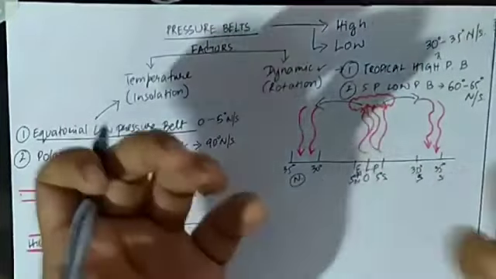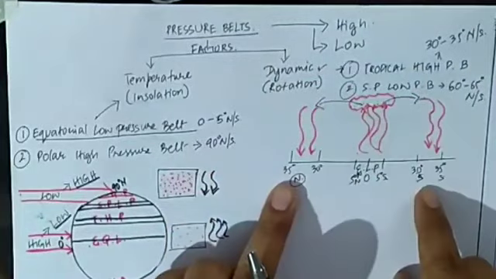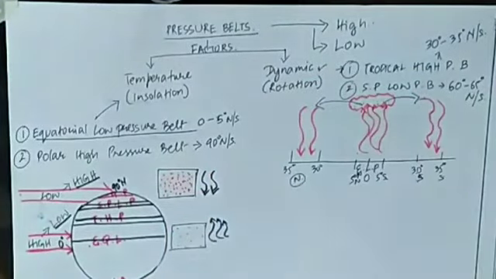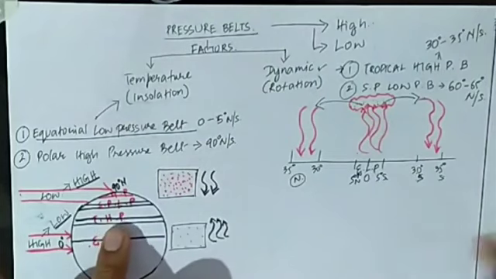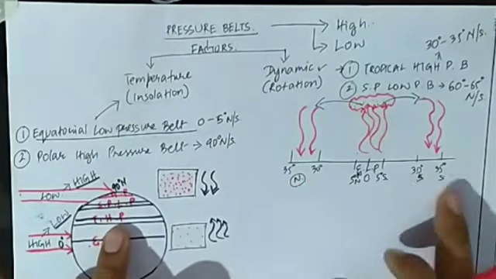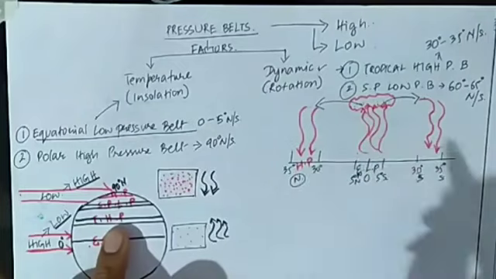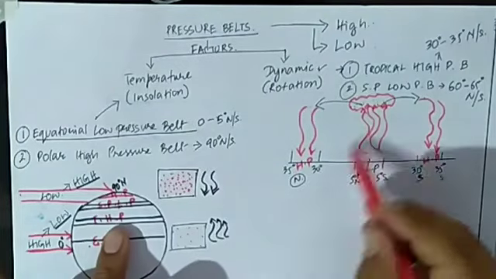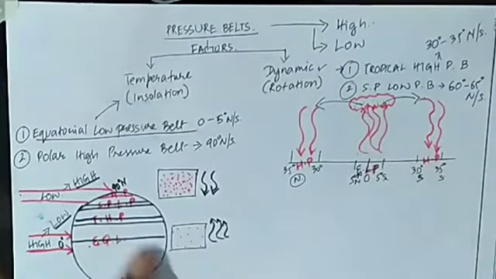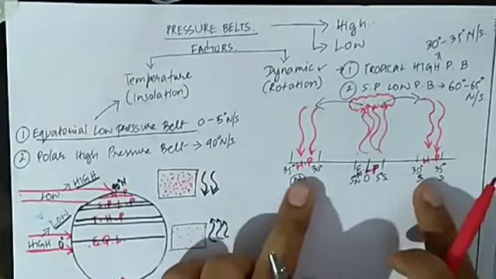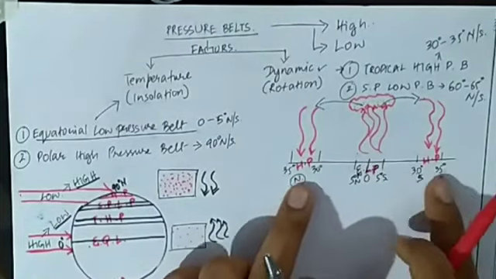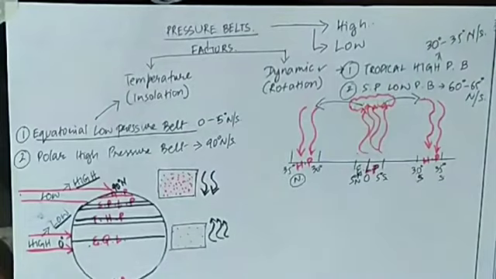So this is formed. Now this belt has been formed because of the deflection or displacement of the air masses, due to the Coriolis force and due to the upward movement of the air. So here results in the high pressure, and at the equator we know there is a low pressure region. Understood? So in this way the tropical high pressure belt has been formed.